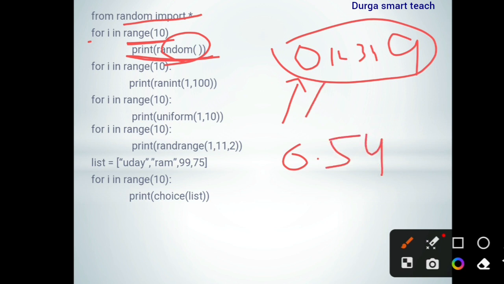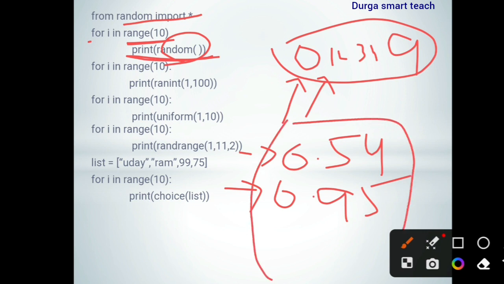Next, the i value points to 1. 1 is also in the range 0 to 9, so it will print one random value. We cannot predict the random value; we are just assuming this may be the number. In this way it will print 10 random numbers between 0 and 1. If the condition is false, then it goes to the second for loop.